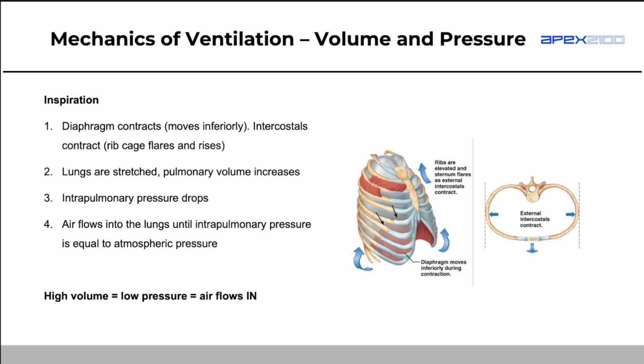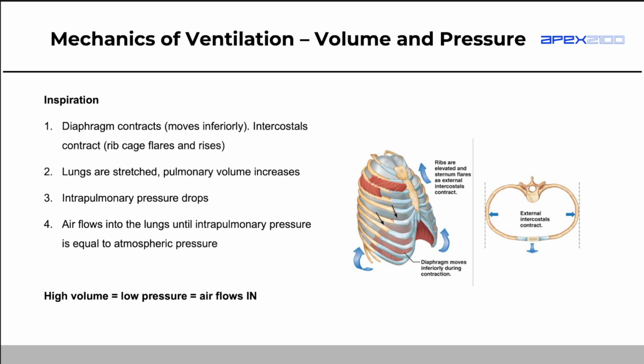So let's see what actually happens with these muscles when we take a breath in. So this is inspiration. So on inspiration, the two important muscles for ventilation contract. So the diaphragm contracts and the intercostals contract. Now, when the diaphragm contracts, it actually moves downwards.